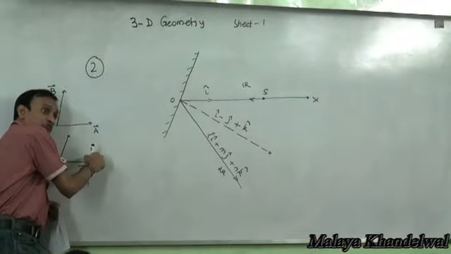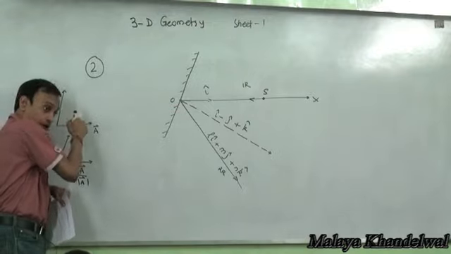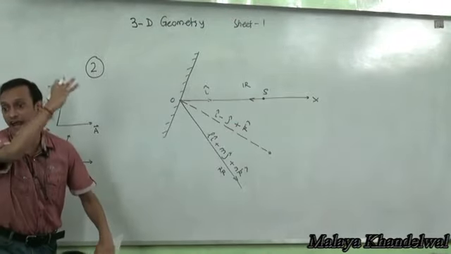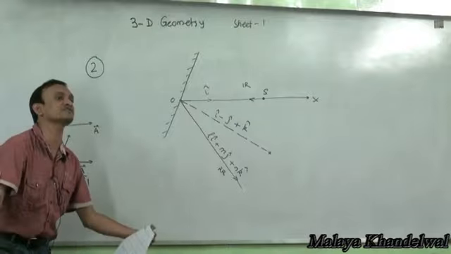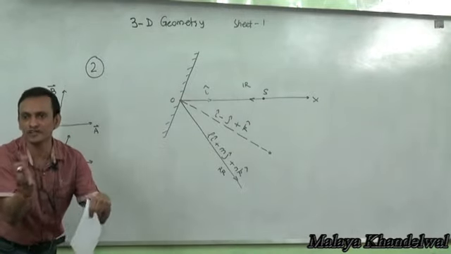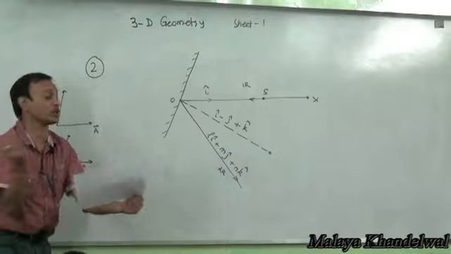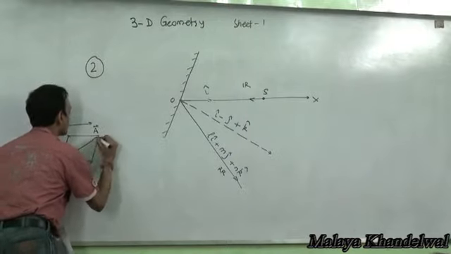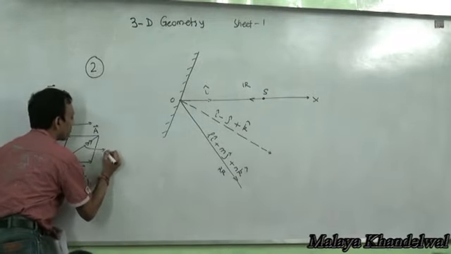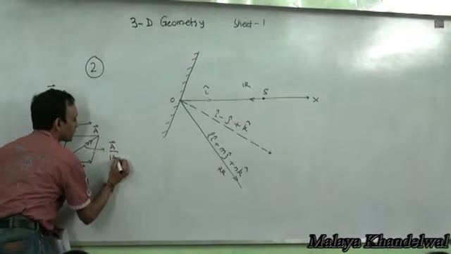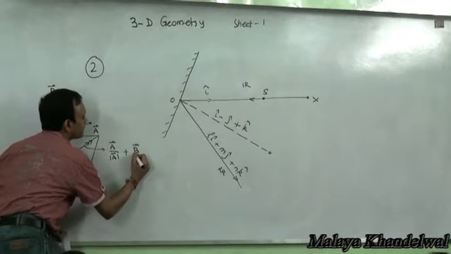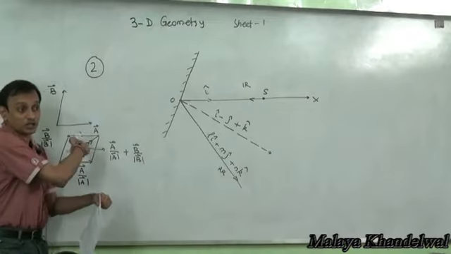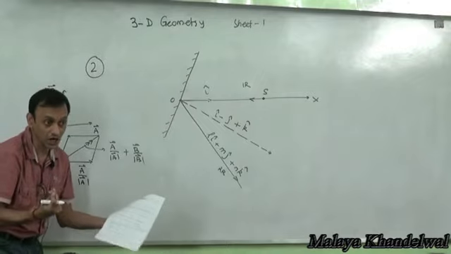Now the direction of A is preserved, the direction of B is preserved, and I have two vectors of equal magnitudes in the directions of A and B. Their resultant would show equal proclivity to the directions of A and B because they are of the same magnitude. So the resultant of these two, A by mod A plus B by mod B, would exhibit equal inclination to both A and B. This is the resultant of these two unit vectors, is it not?